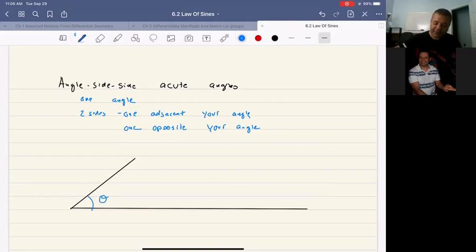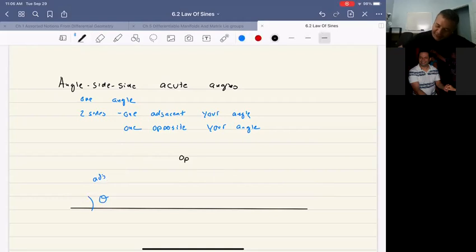So this is my adjacent side, and then my opposite side is going to be off this way. Let me draw it this way. I'm drawing it this way to suggest something, but it's not coming out the way I want.